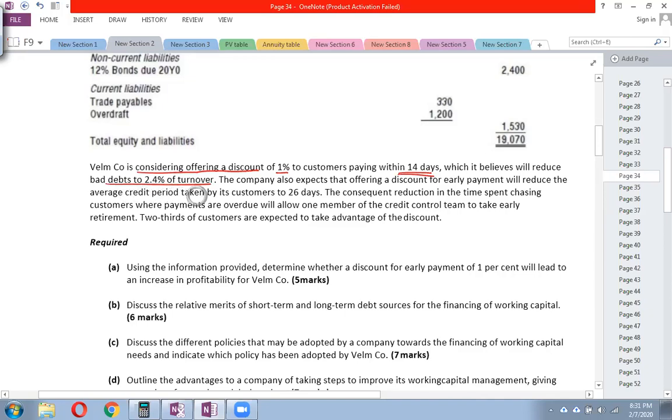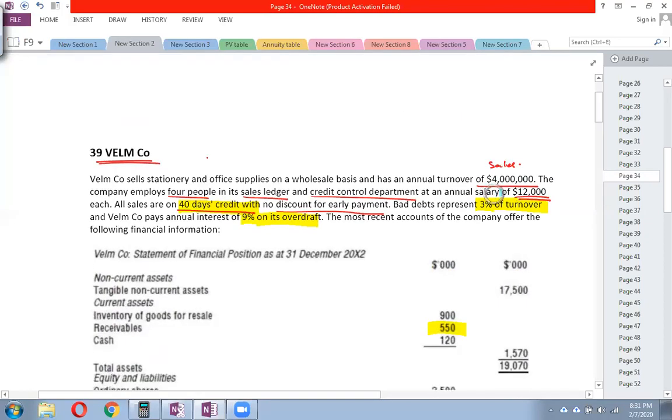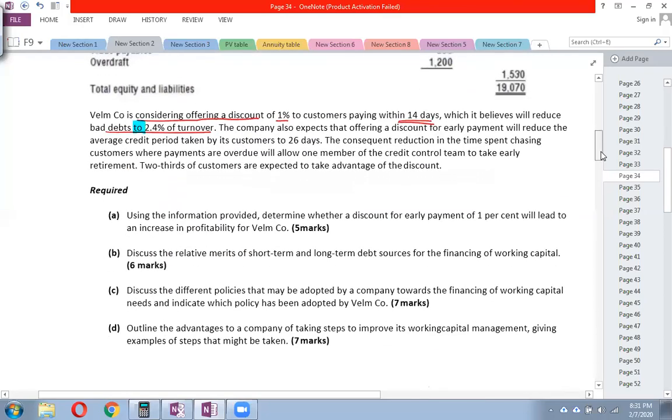So bad debts will be reduced also because of the discount to 2.4%. Be very careful with the words to and by in the question. So whatever it was before, it will be reduced to this point. 2.4% of what? 2.4% of sales, turnover, 4 million, right?